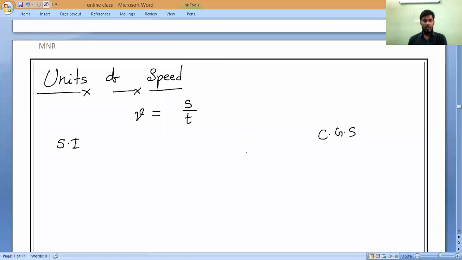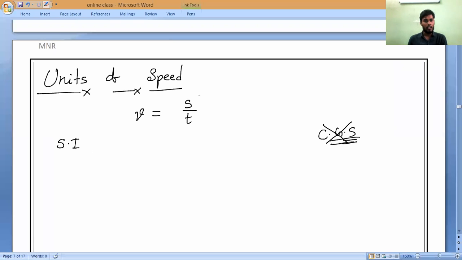For speed, we basically do not consider CGS units, because only very slowly moving objects are measured in the CGS system. That is why we generally won't consider it, but we will also study it.